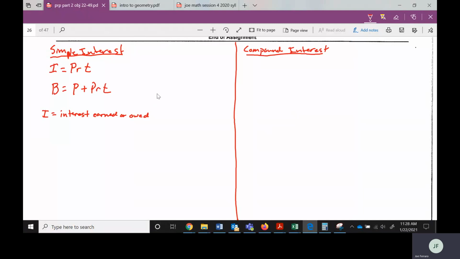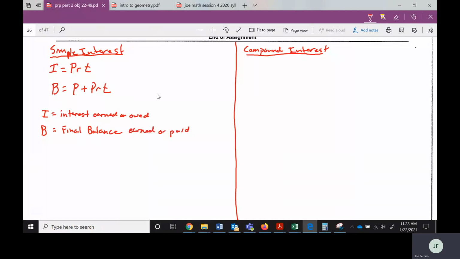Okay, the B would be the final balance that you either earned or paid.